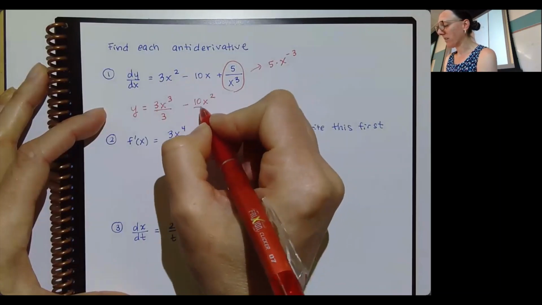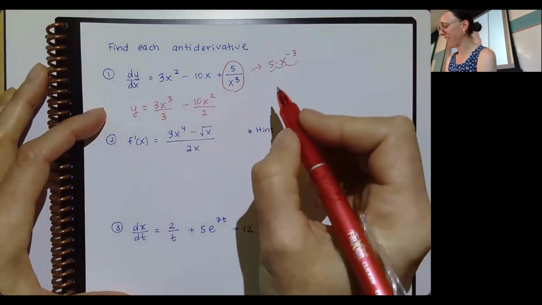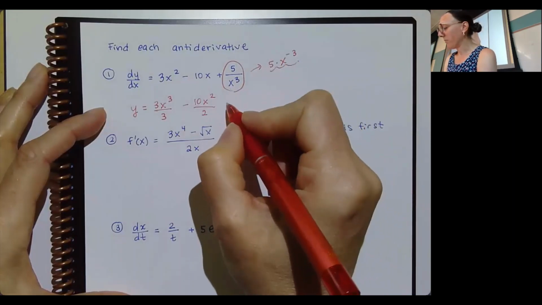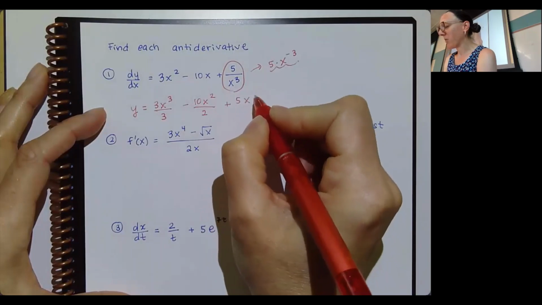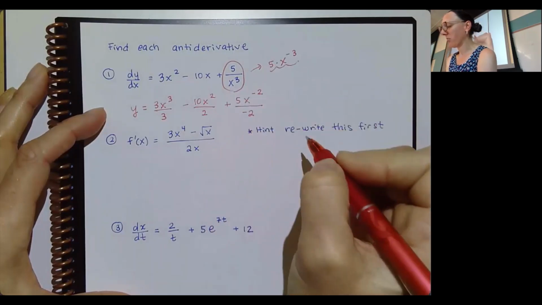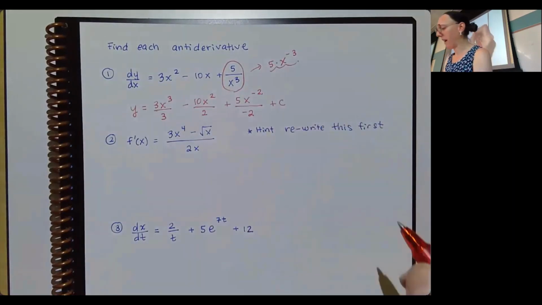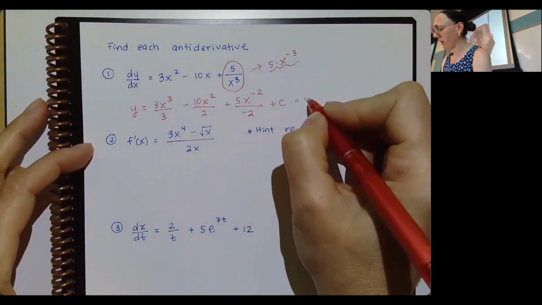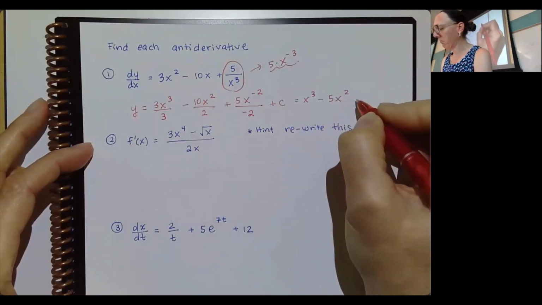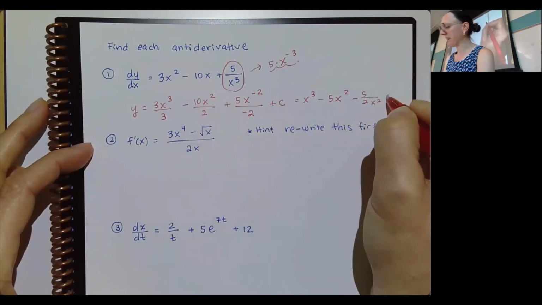Add 1 to the exponent, divide by the new exponent. And here, if I use this version of it, I'm going to add 1 to the exponent and get a negative 2, and then divide by a negative 2, plus a constant. Lots of different ways we can rewrite that. We could simplify that to say something like that, perhaps, but it's not the only option.